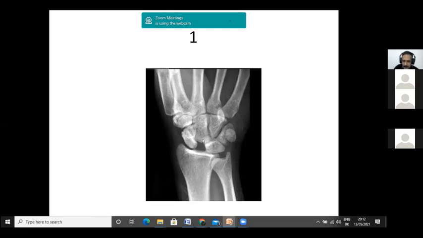Yes. The next common question asked in your OSCE is about scapholunate ligament injury: when it is torn off, where is it commonly avulsed from? From the scaphoid or from the lunate? Any idea, Gautam?